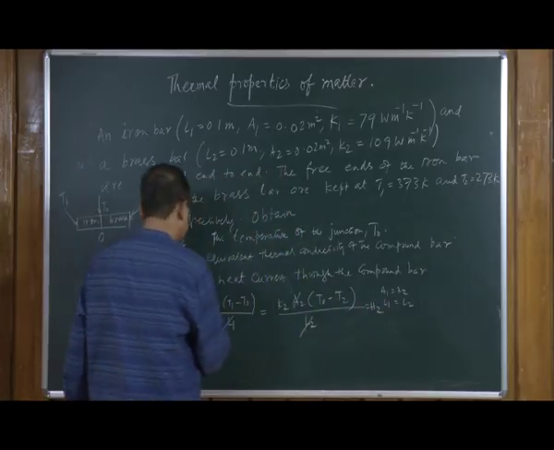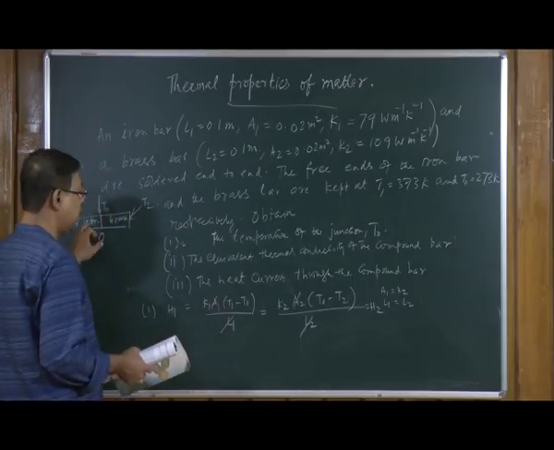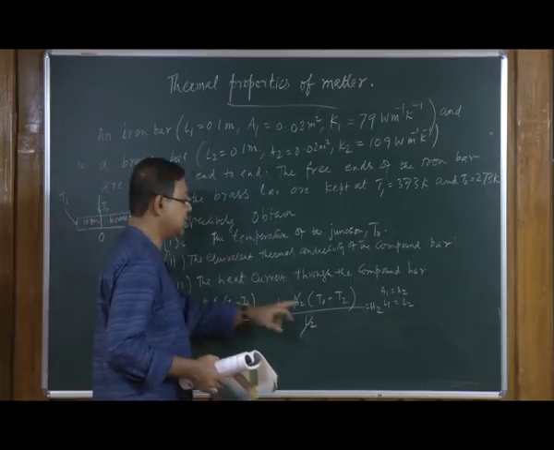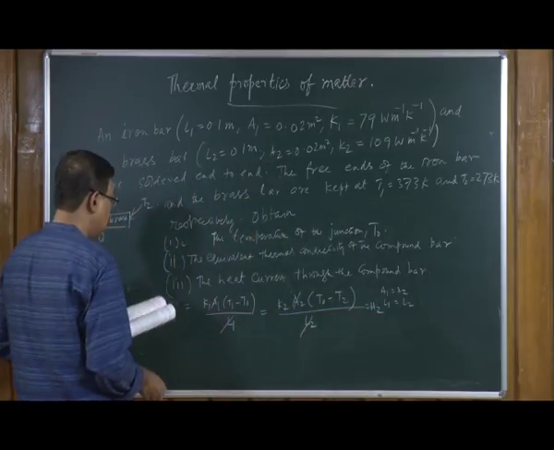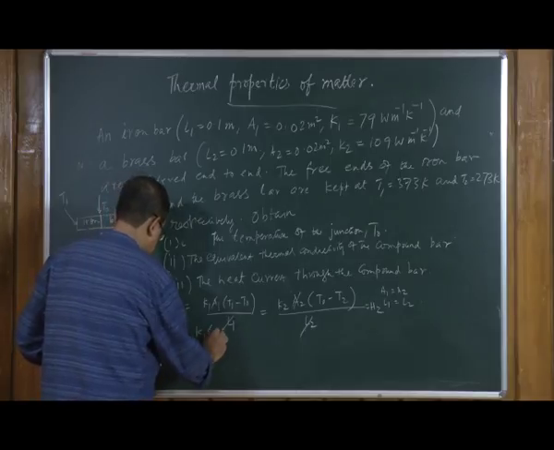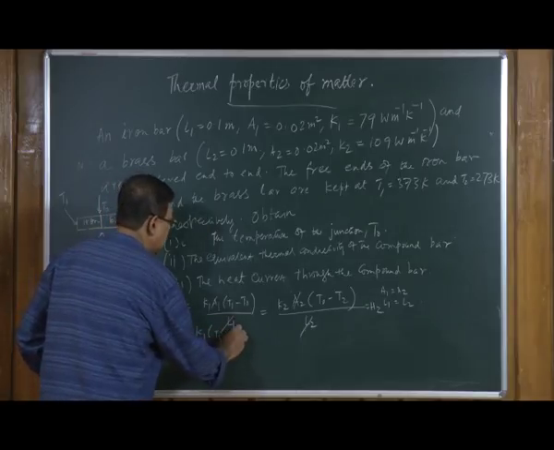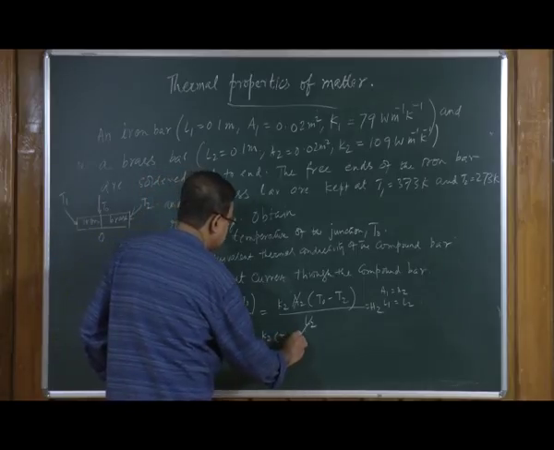So, H1 is the heat that passes from the iron rod, and H2 is the heat that passes through the brass rod. So, at thermal equilibrium they are the same. So, I get an equation which is K1 (T1 minus T0) equal to K2 (T0 minus T2).